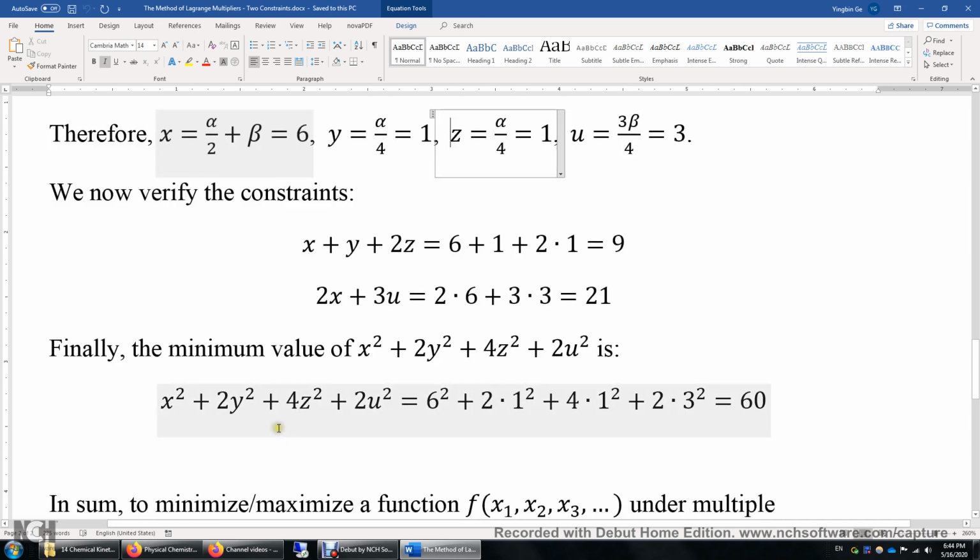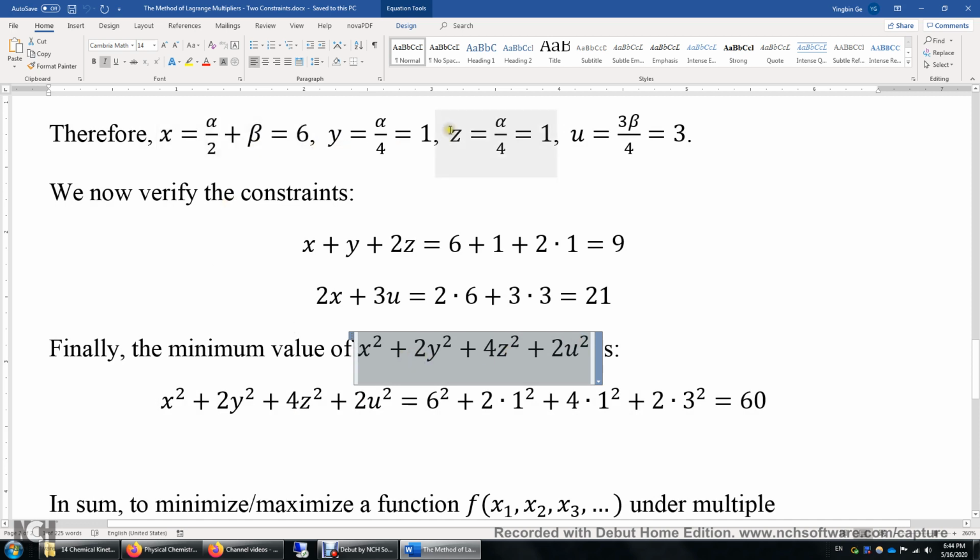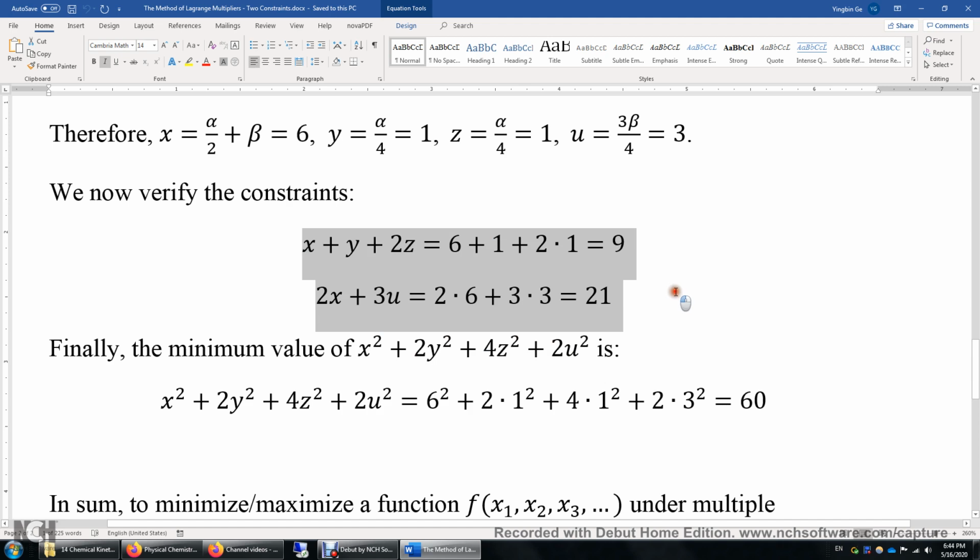And now let's look at the function to be minimized. We plug in the values x equals 6, y equals 1, z equals 1, u equals 3. The result is 60. So the minimum value of this function is 60, given these 2 constraints.